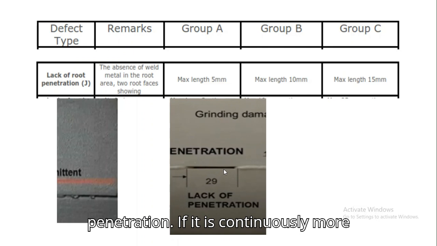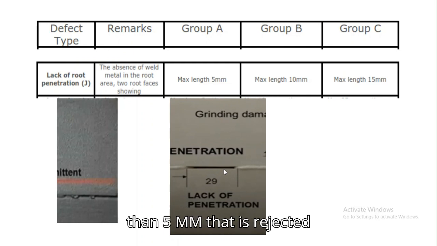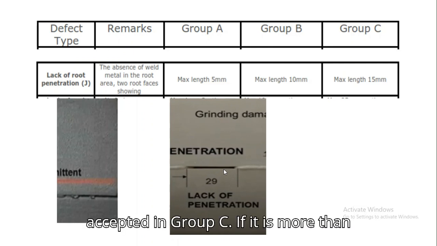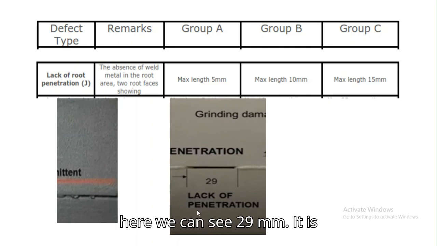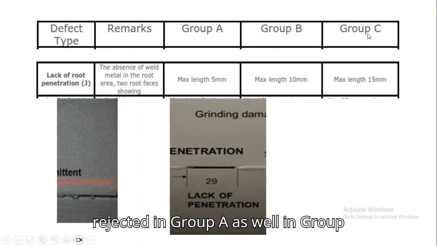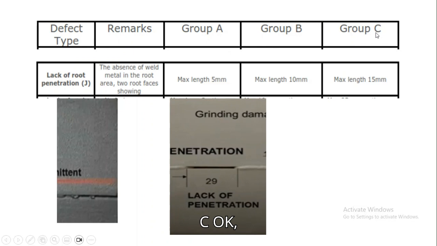If it's continuously more than 5 mm, that is rejected in group A. In group C, continuously up to 15 mm can be accepted. If it's more than 50 mm, you can directly reject it. Okay, here you can see 29 mm. It's rejected in group A as well as in group C.